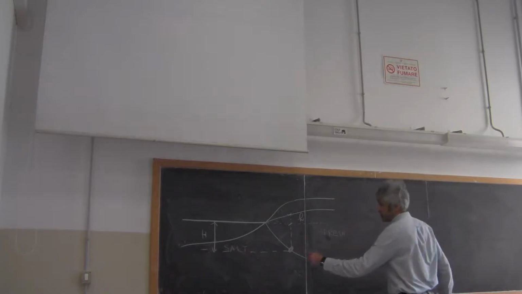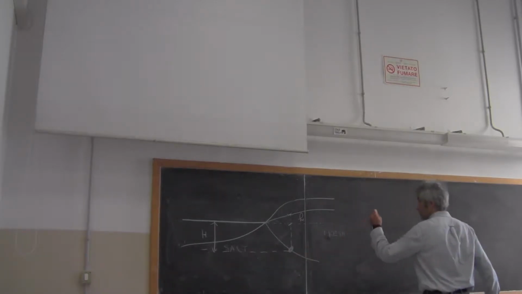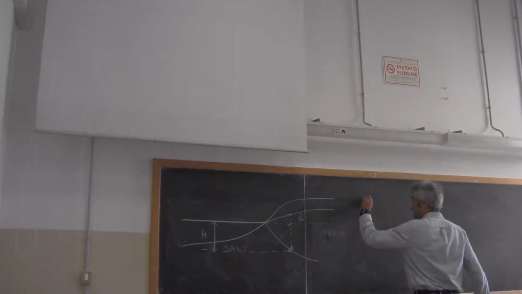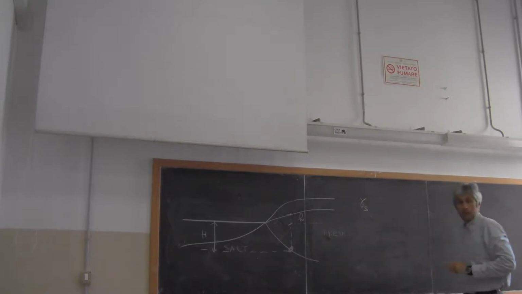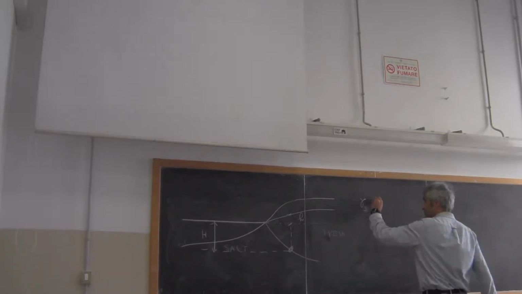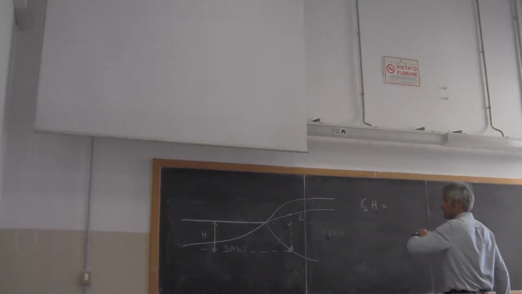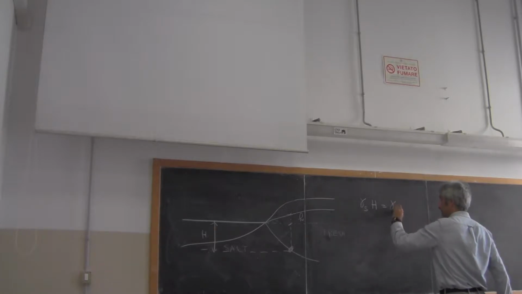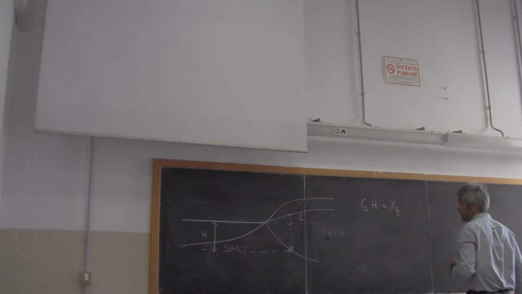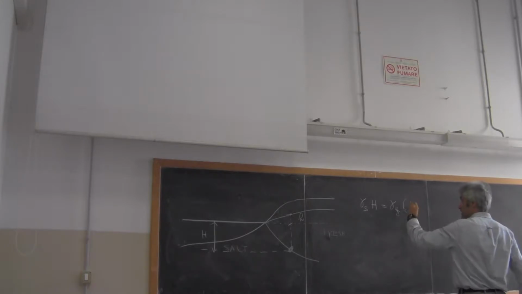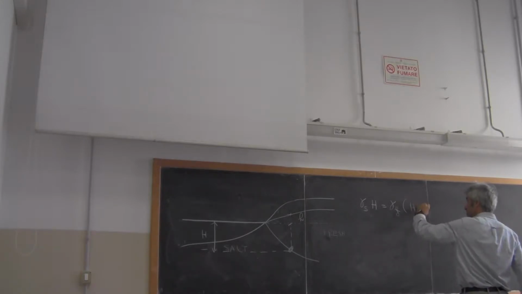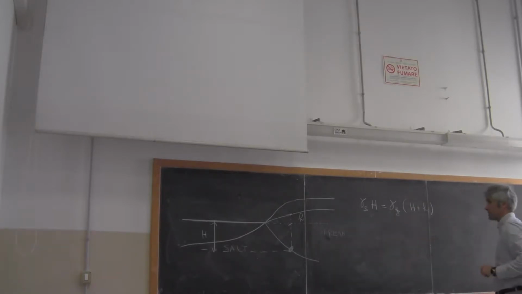Now we can write the equilibrium condition: gamma S, the specific weight of salt water, times H is equal to gamma F, the specific weight of fresh water, times (capital H plus lowercase h). This is the very simple equilibrium condition.